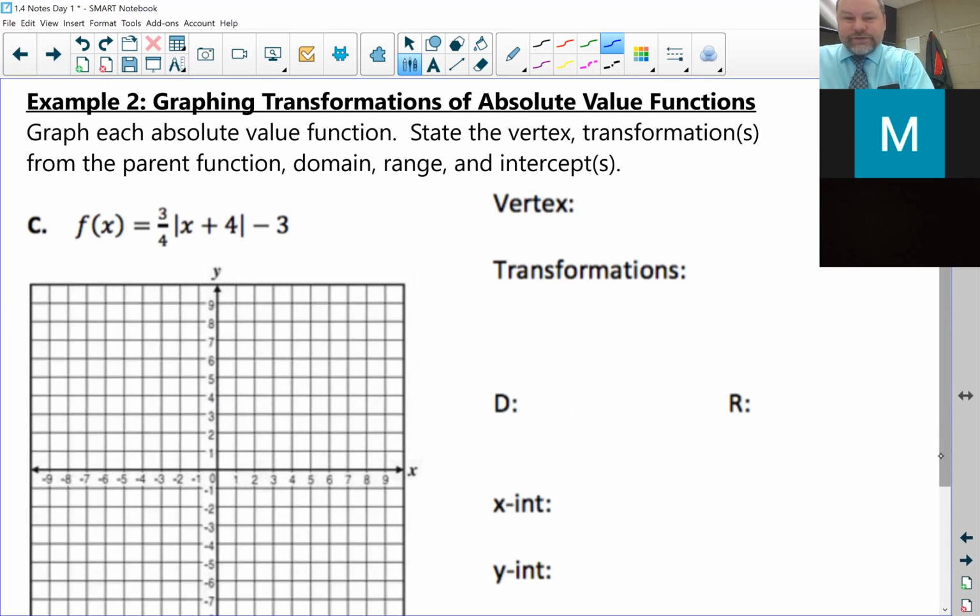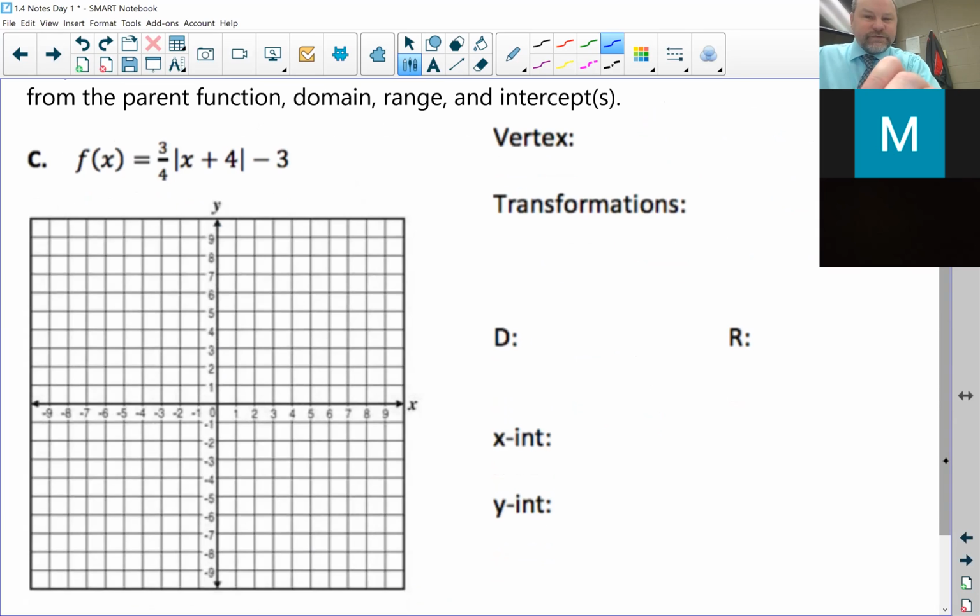All right, coming down to the end here. Again, graphing this vertex. +4 means I go left 4. -3 says go down 3. There is my vertex.